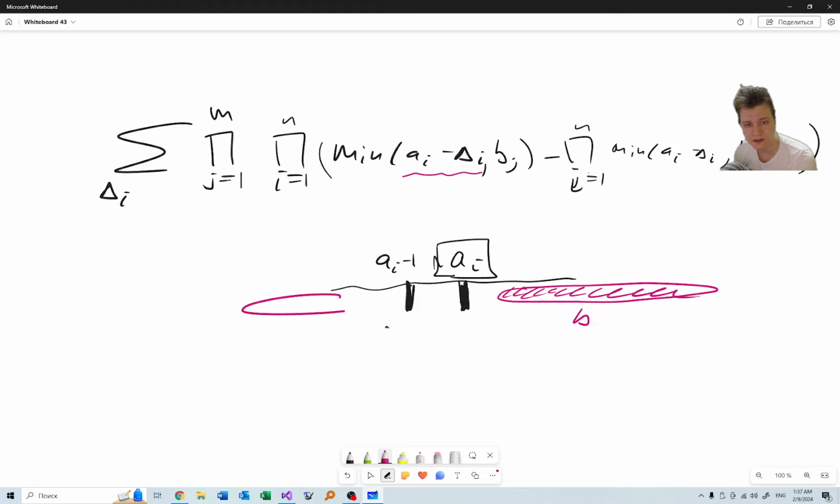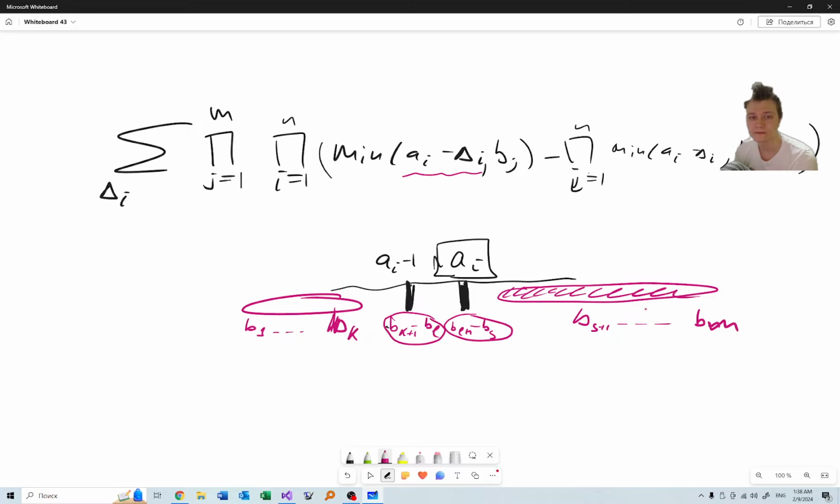So here we have some b1 etc. bk. Then we have bk plus 1 etc. bl, bl plus 1 etc. bs, and bs plus 1 etc. bn, bm. Numbers here are simply not considered in this minimum, because the minimum is taken and it is either this or this number.